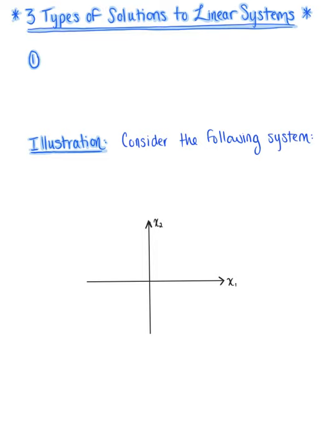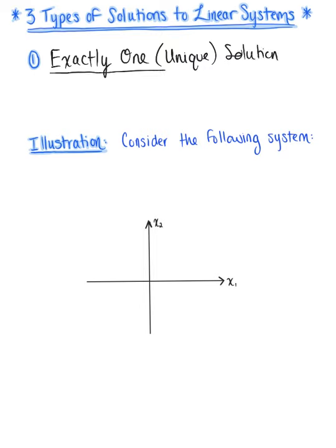So the first type of solution to a linear system is exactly one solution. We could even say exactly one unique solution. So if a linear system has exactly one solution, the system is consistent.